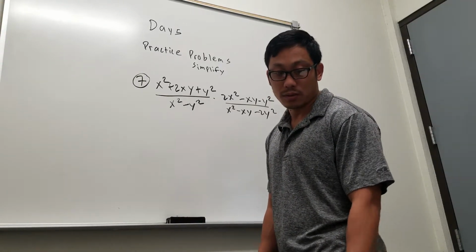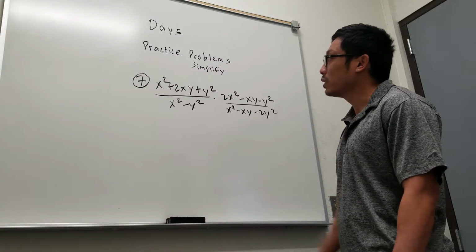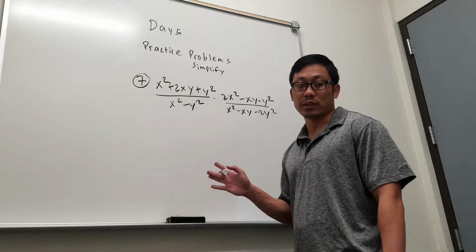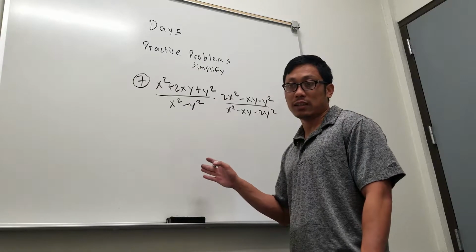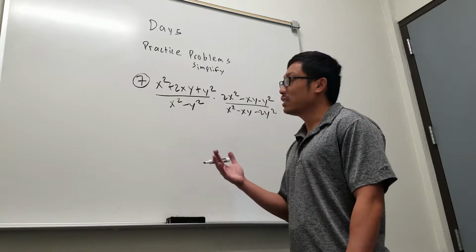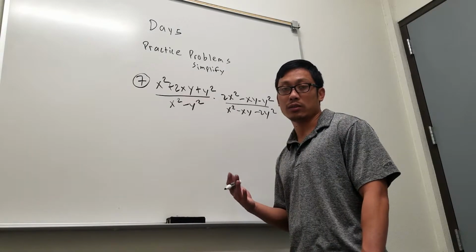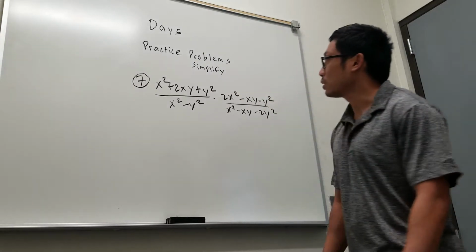I usually factor super quick if I was doing it by myself, but I just want to show you in slow motion how to do it. It takes practice. I think I mentioned that in day 2. How do you factor? You practice. That's the key.